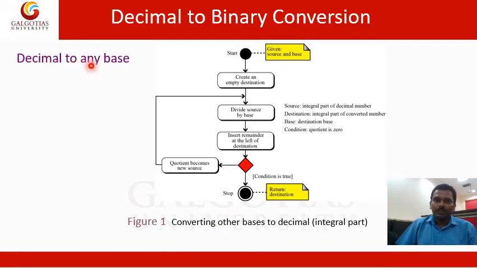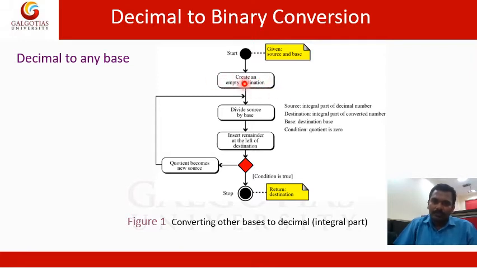This is the flow chart for conversion, but this flow chart is applicable for any number system. Let's start with the source, and we create an empty destination.